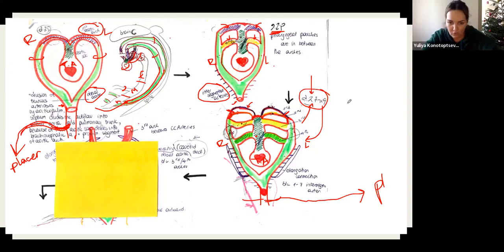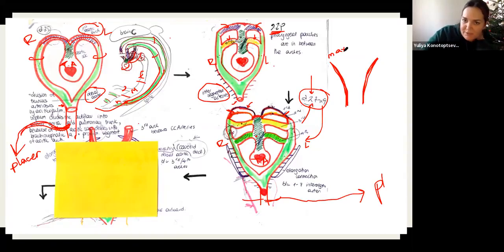They start to go up, okay? They will look like this. That's your first aortic arches. After day 27, because they are ascending up, they no longer drain into the dorsal aorta, they become maxillary arteries.